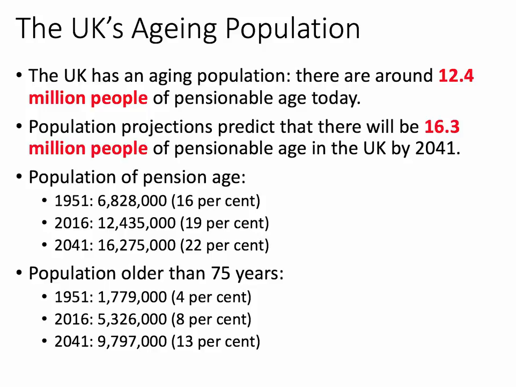By 2041, over one-fifth, nearly a quarter in fact, of the population will be of pensionable age, and about one person in eight will be older than 75 years. England, for example, will see a projected 50% rise in those people aged 65 and above, and a 100% increase, a doubling, in those aged 85 or higher between now and 2030.